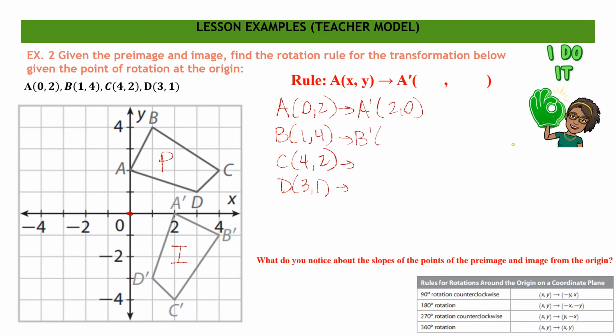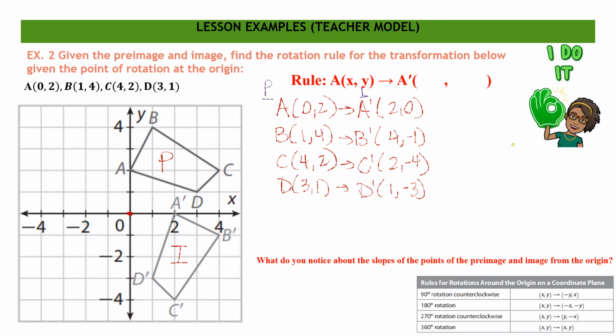B prime shows me at (4, -1). C prime shows me to be at (2, -4). And then finally D prime is at (1, -3).